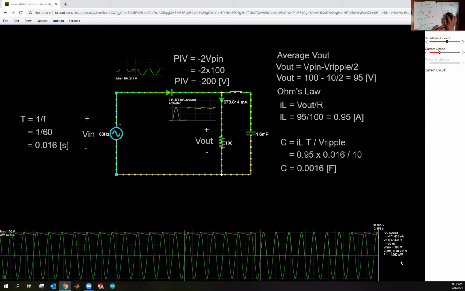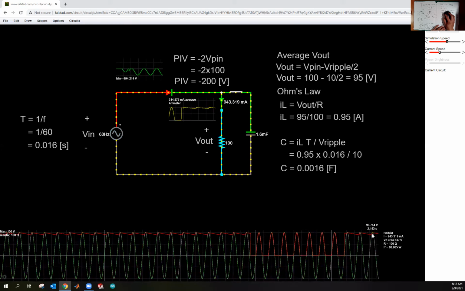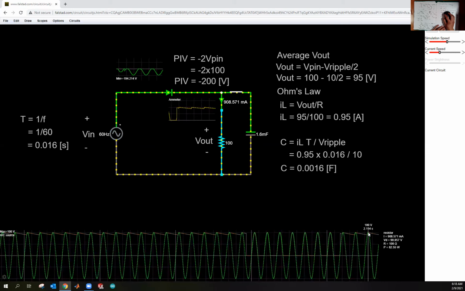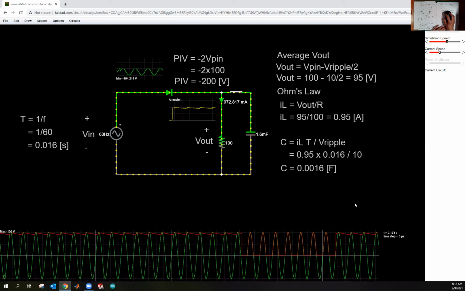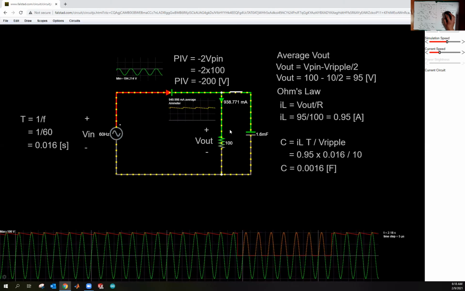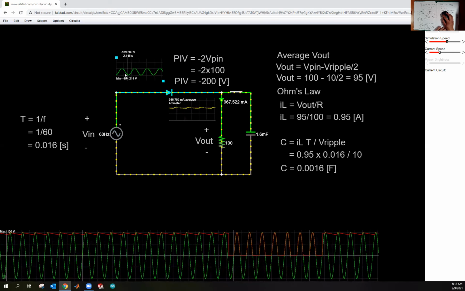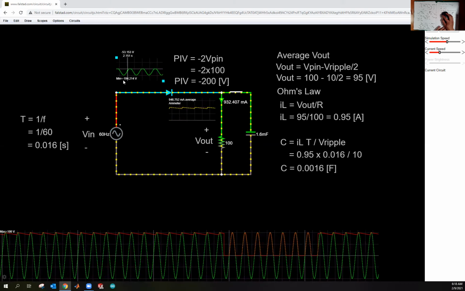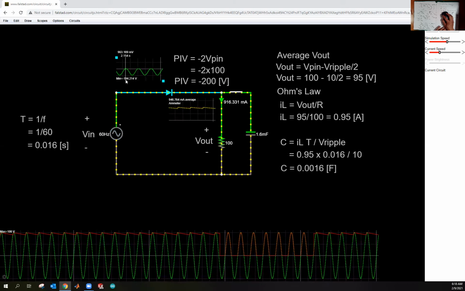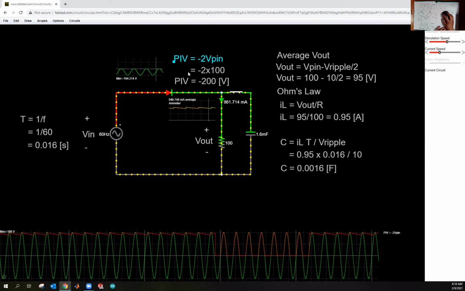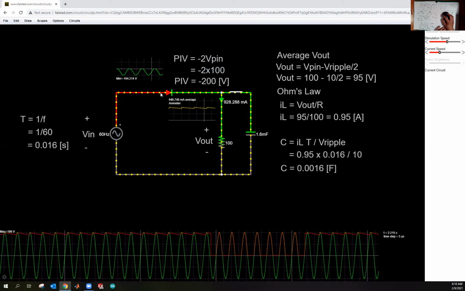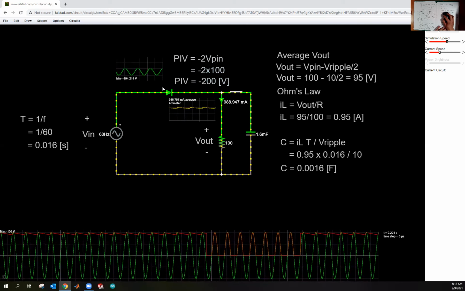So now this red line is the new output voltage, and it is smoother than the original one. We also ran through the calculations for the peak inverse voltage, and notice I'm plotting it, and the voltage here is at minus 200 volts. So this diode has to handle negative 200 volts in the worst case.